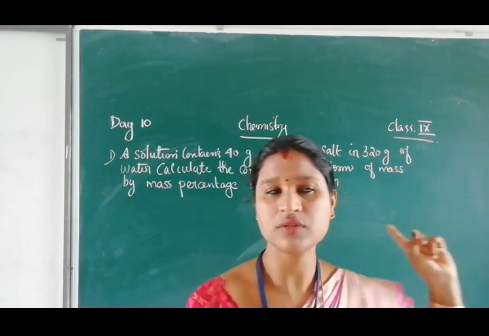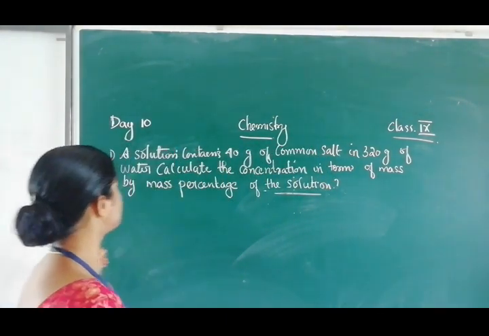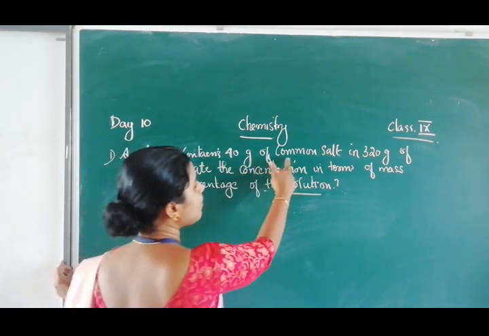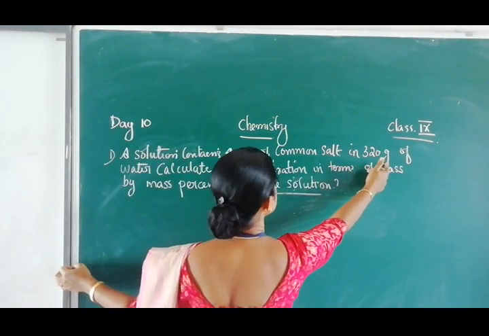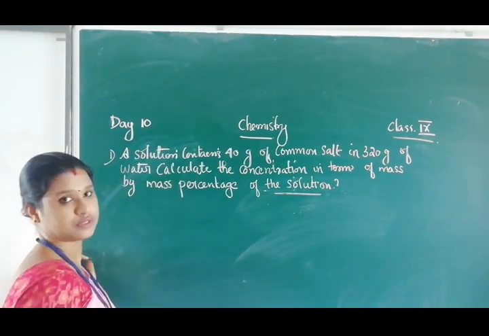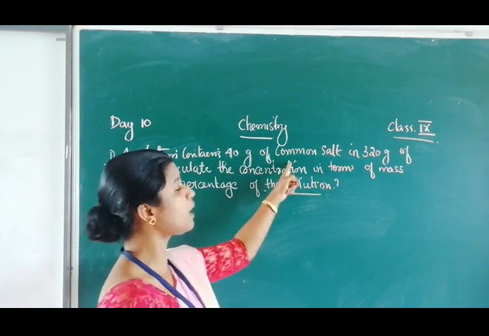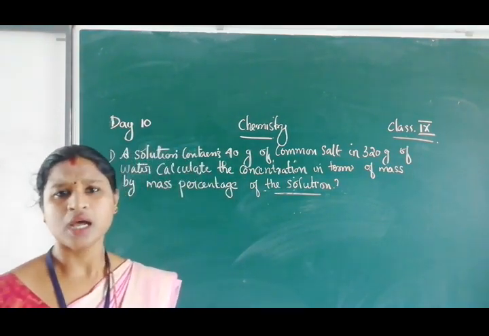I had already written it in the box. Just read it out. A solution contains 40 gram of common salt in 320 gram of water. Common salt means sodium chloride.